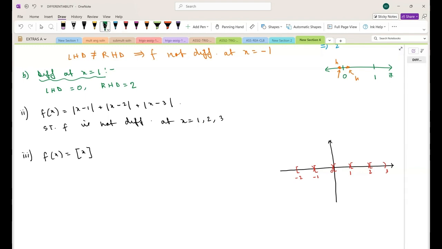From 0 to 1, this is the graph. And then here it is, okay, let me first finish this.